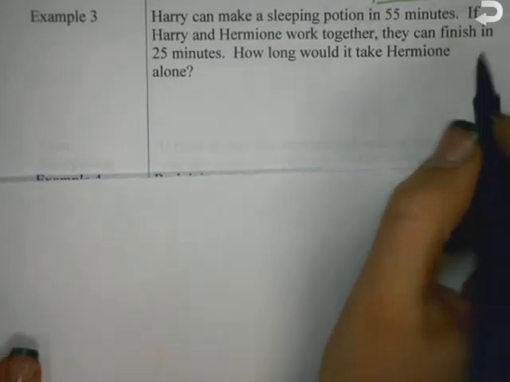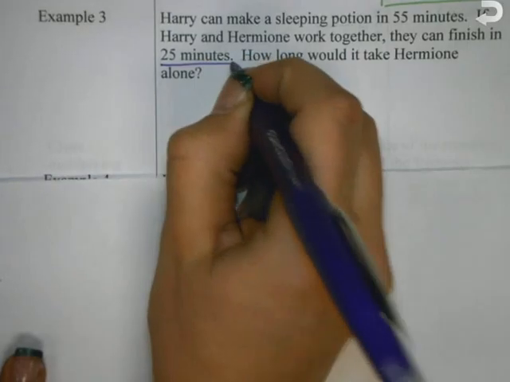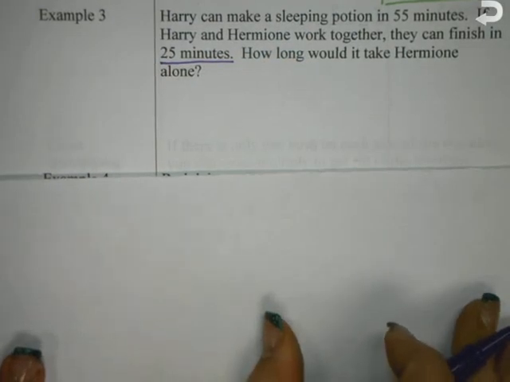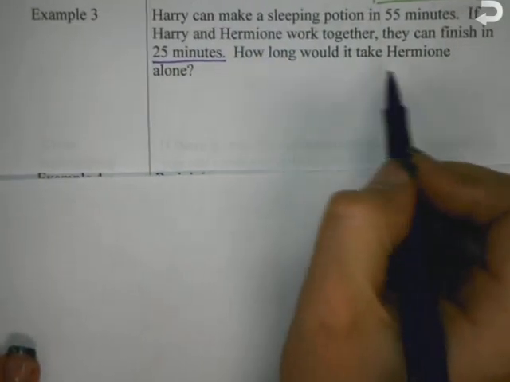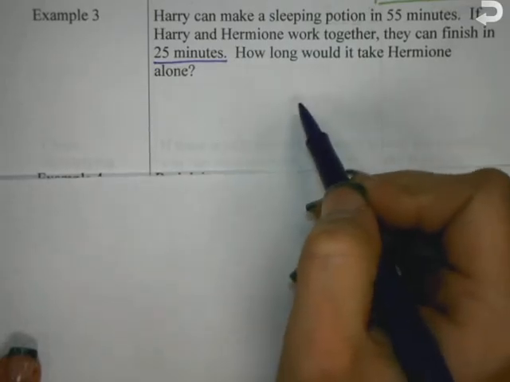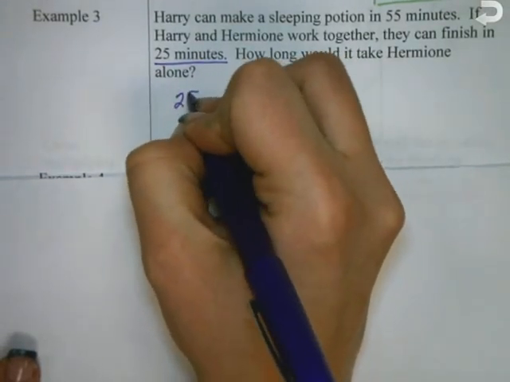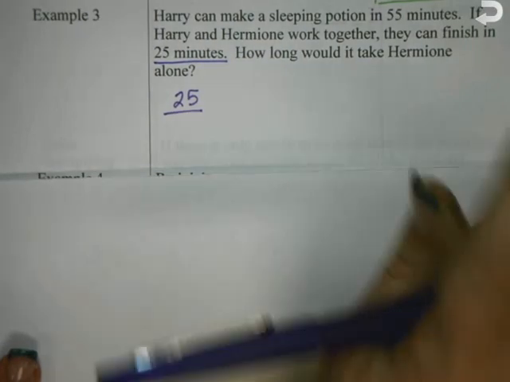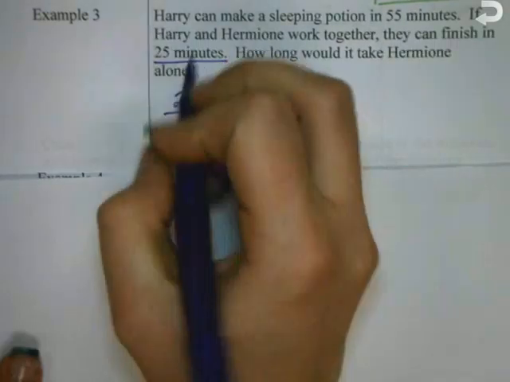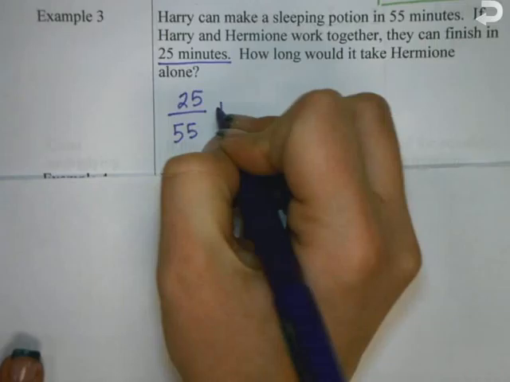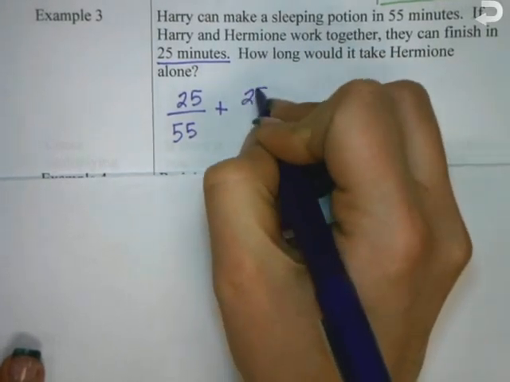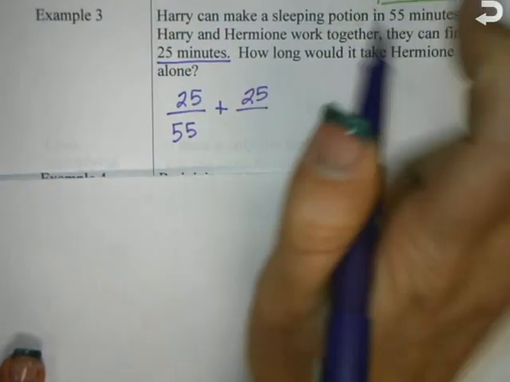What don't we know? Hermione's time. So her time is going to be the x this time. So we have together time, which is 25, over Harry's time, which is 55, plus together time, 25, over Hermione's time, which is x. All of that equals 1 completed potion.